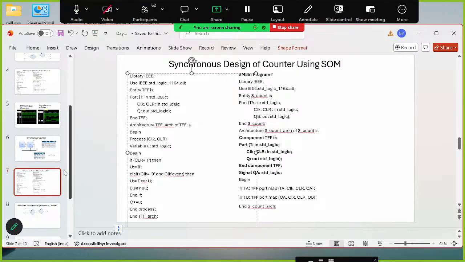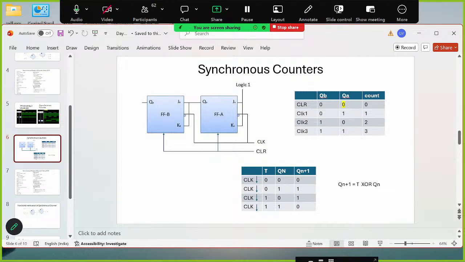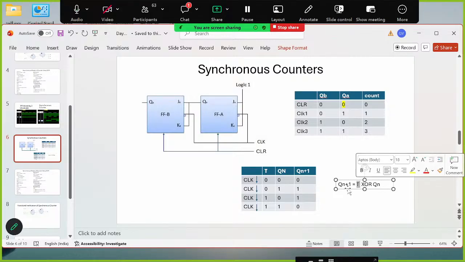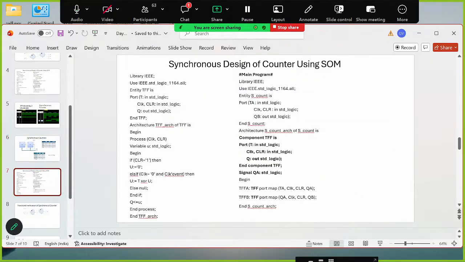It is like the same thing which we have written over here, the next state and the previous state. Next output we are going to get, presently what it is having and what is next it is going to have. They are denoting Qn plus 1 and Qn. That's why we have taken the u variable on both sides, because it is acting like an input and output. So it should follow this identity. This is the catch that we were missing yesterday.